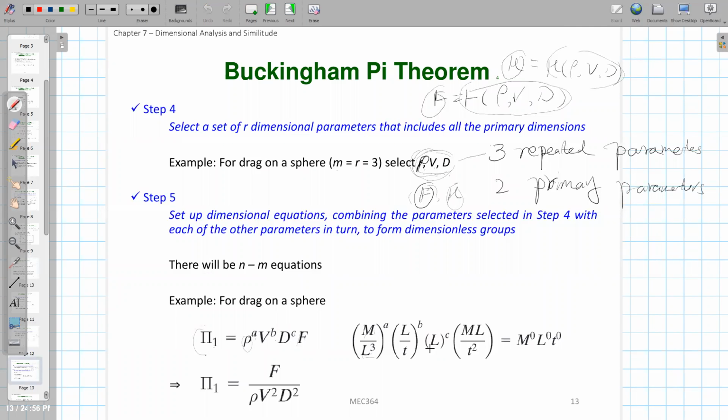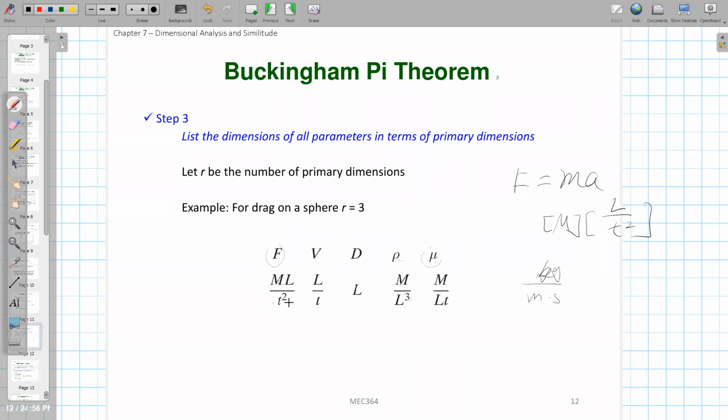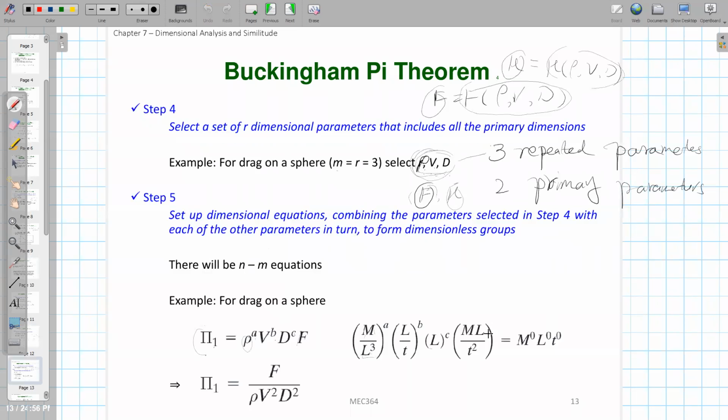For d it is just L, and for the force F it is M L over t squared. You substitute all these fundamental dimensions for these 4 parameters, and we know the result, pi 1, should be dimensionless, right? Dimensionless means that after you multiply all the M terms, the resulting exponent should be 0 because there are no units. Similarly for L it should be 0, and for t it should be 0.